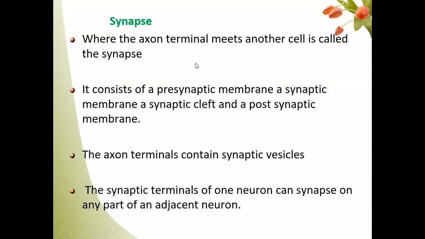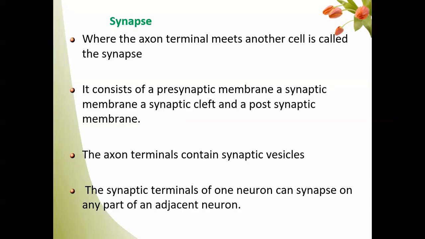Synapse means where the axon terminal meets another cell. It consists of three main parts: the presynaptic membrane, a synaptic cleft and the postsynaptic membrane. I'll show you some videos, in which you can clearly understand what a synapse is and identify these regions.